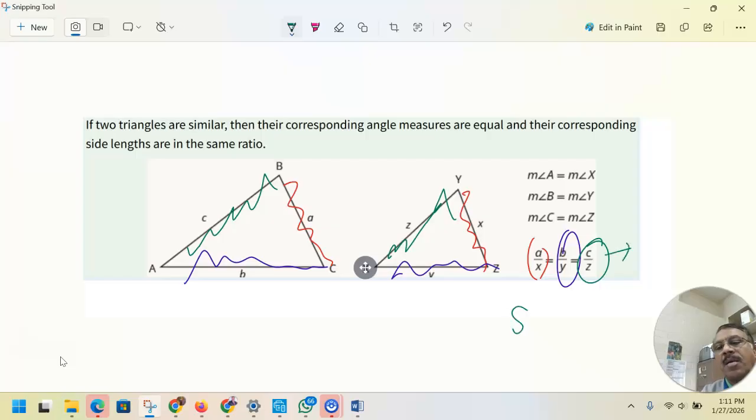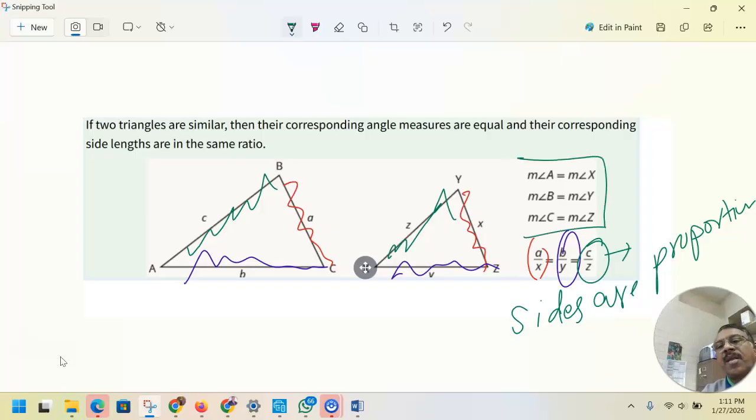So these are called, this means sides are proportional. So let's see, take an example, how do we use this? This is the definition for similar triangles. If two triangles are similar, let's say ABC is similar to XYZ, the symbol used is this squiggly thing, which means similar.